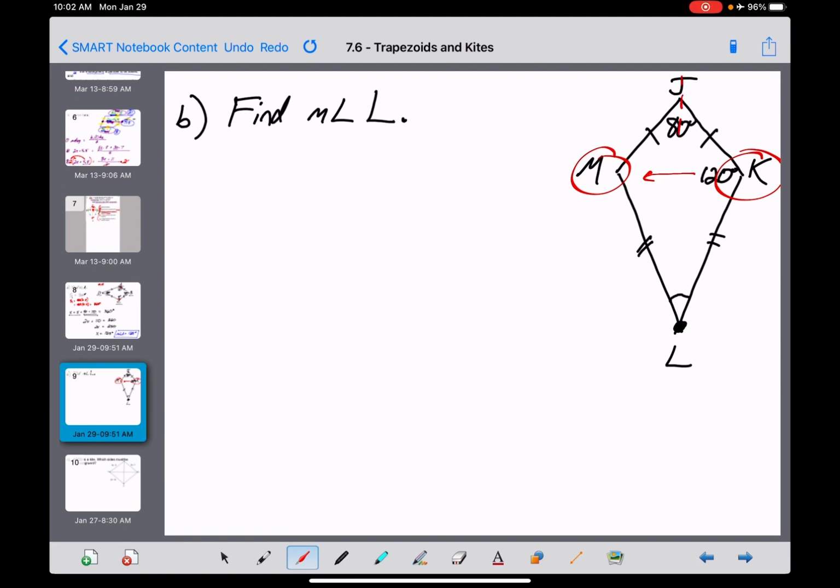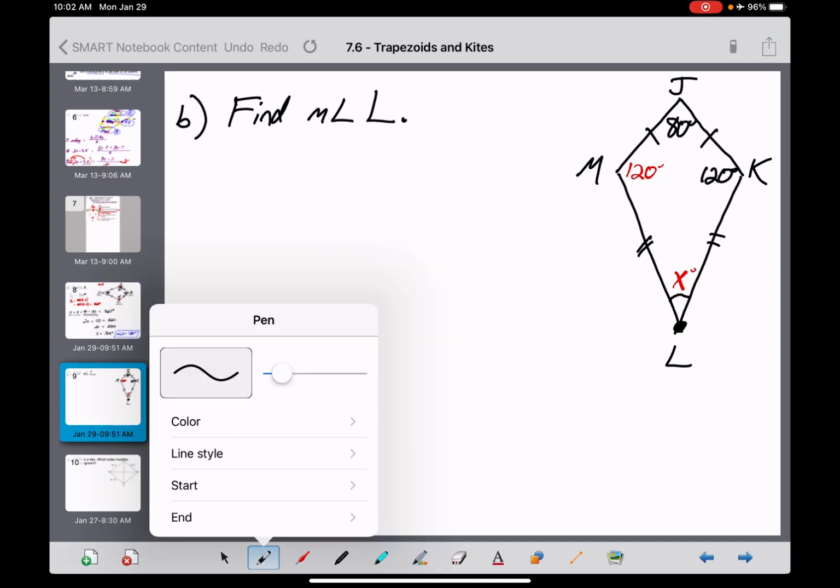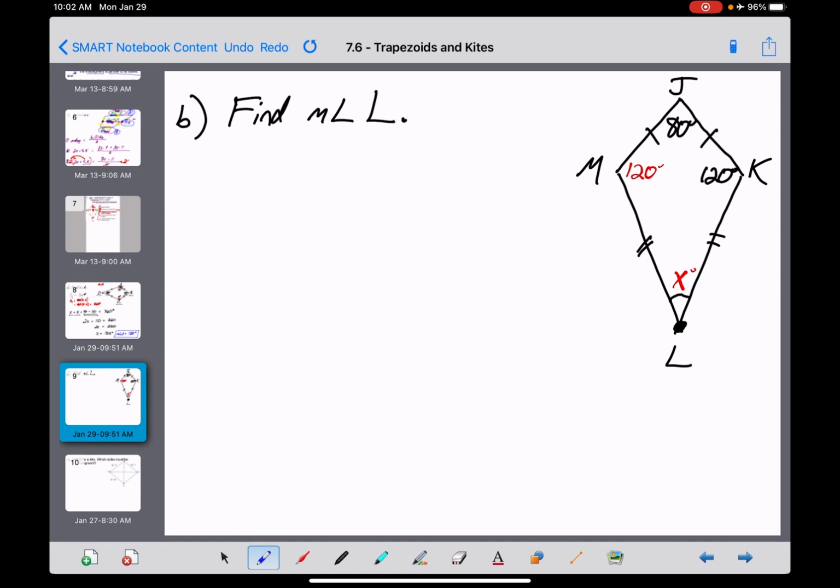Well, because of this vertical line of symmetry in this particular kite, it's that second case, guys. Angle M, let me get rid of all of this junk right here, angle M is going to be 120 degrees as well, which is going to leave us with X right there for angle L.